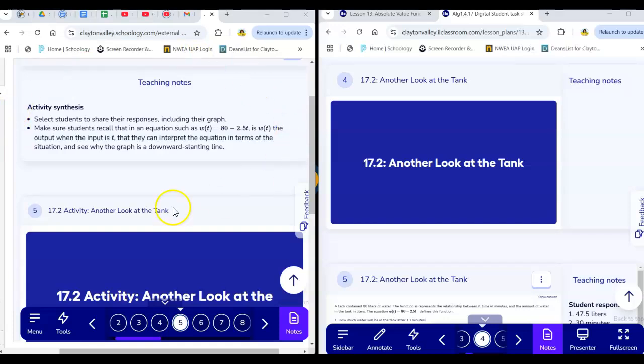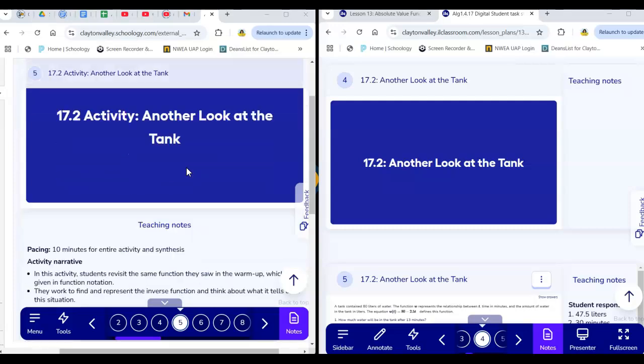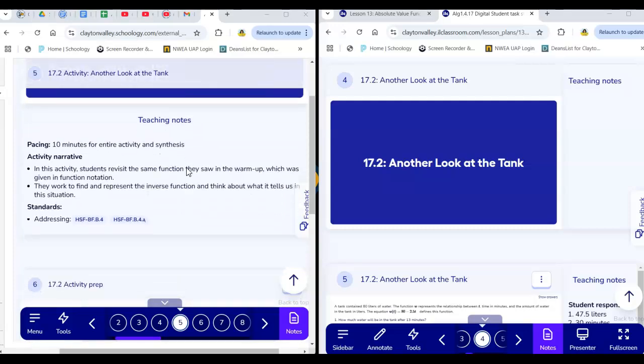And here are the teaching notes that will help you figure out what you were supposed to notice, okay? And I will just tell you that you can see that the slope is negative. So that means that the water is leaving the tank. The tank started with 80 liters or gallons, I'm not sure, but it's leaking out or coming out at this rate. Okay. So now let's take another look at the tank.